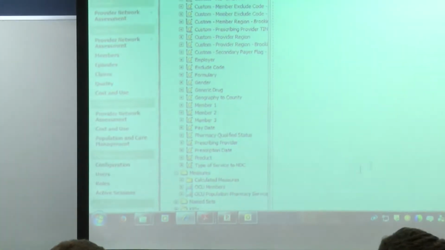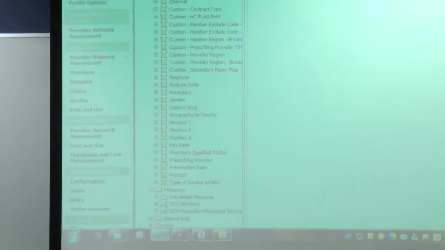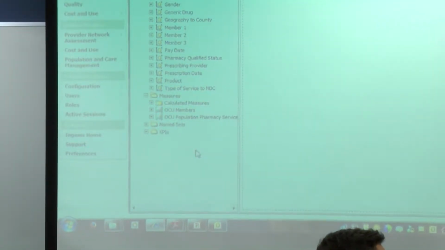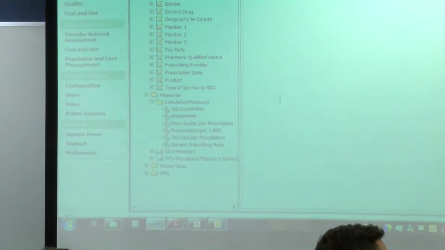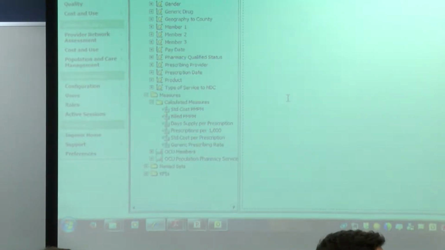I have a question. Sure, shoot. Is there prescriptions per thousand normalized in a way where 30-day prescriptions are counted differently than 90-day prescriptions? That is absolutely correct. So we take them and we make them all on the same basis, if we know it. I'll be honest with you, if we know it. So if it's coming through as a 90-day supply of something and you got it mail order, that's taken into account.